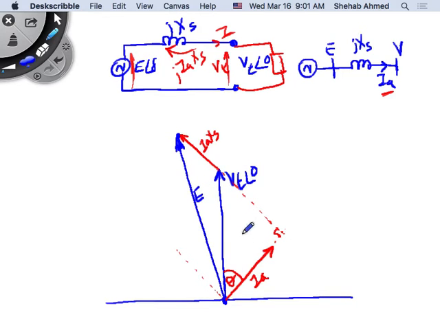Everybody's okay with this? And what is this? That's delta. That's your power angle of the generator for this specific condition.